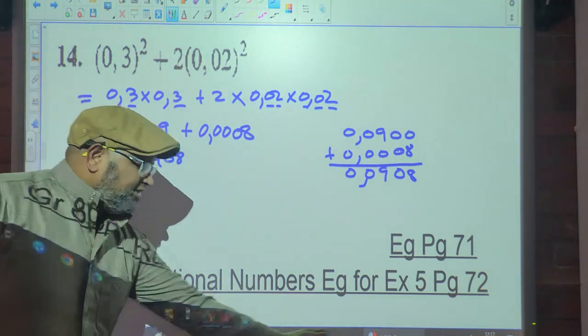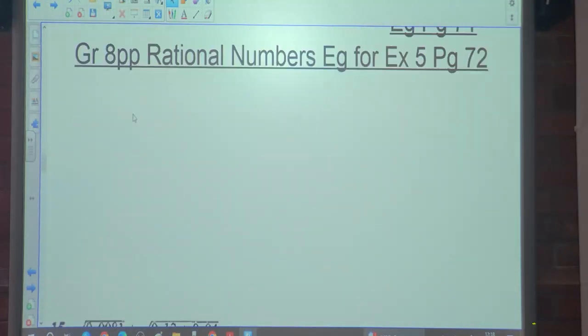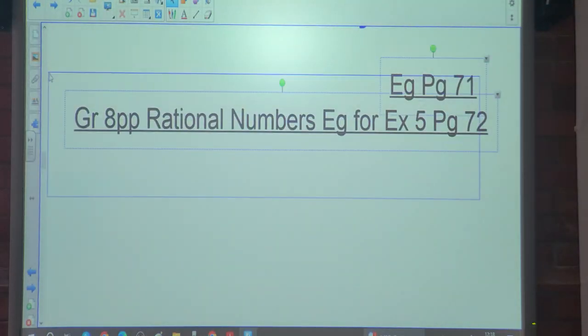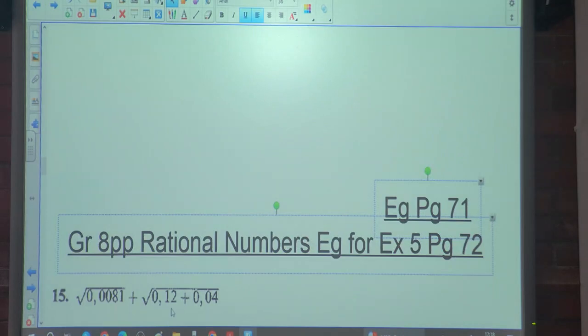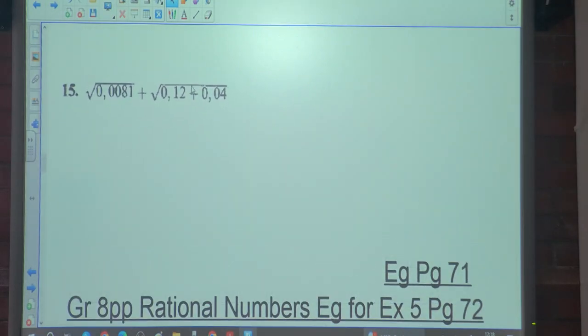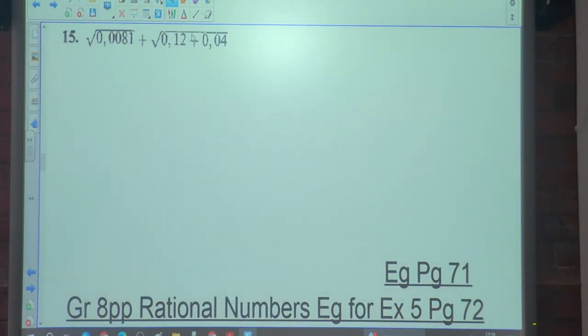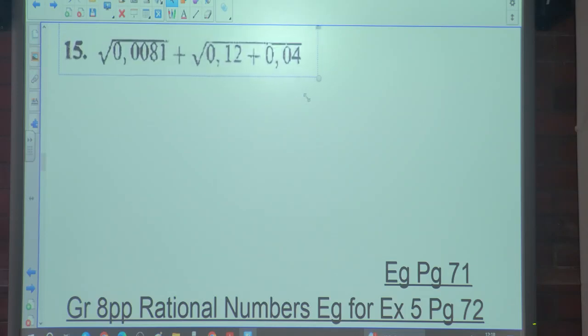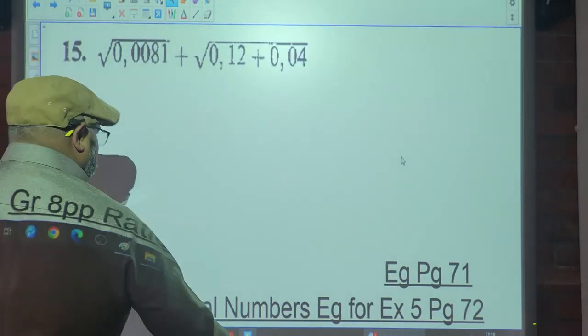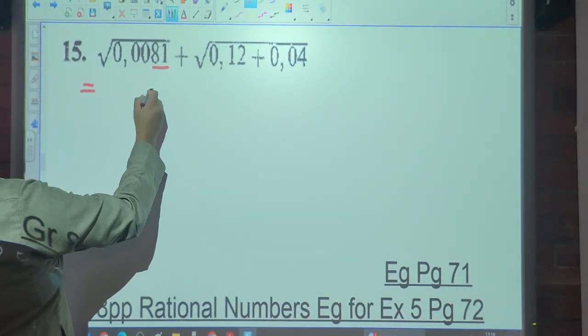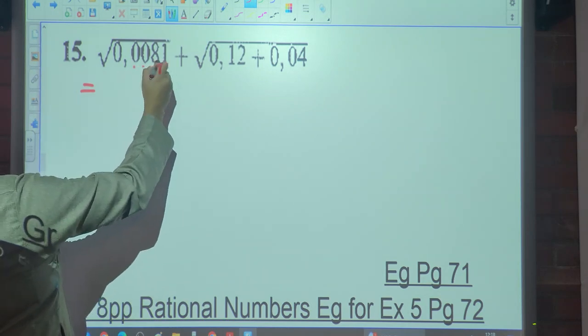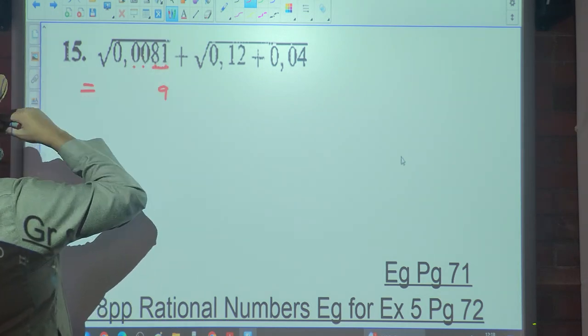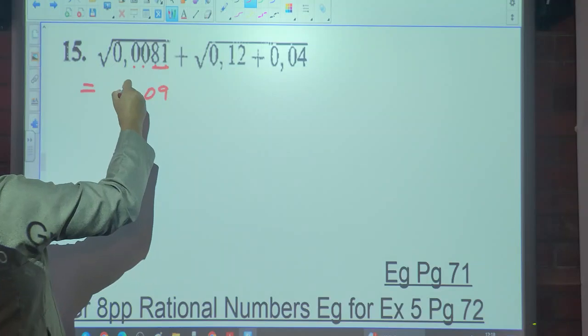And of course the last one, last example of this chapter, number 15. So we know that the square root of 81 is 9, and there's 1, 2, 3, 4 zeros. The 4 divided by 2 is 2, so there's 2 decimals after the comma.